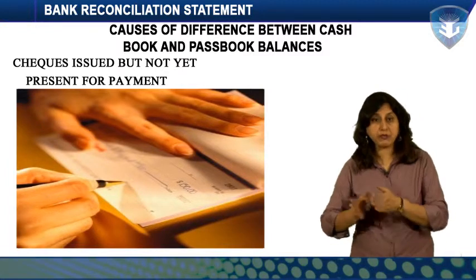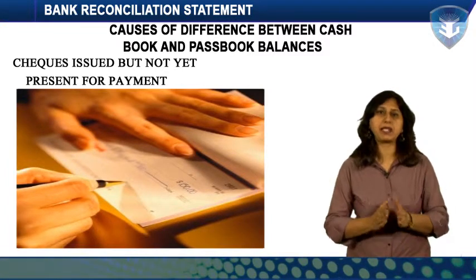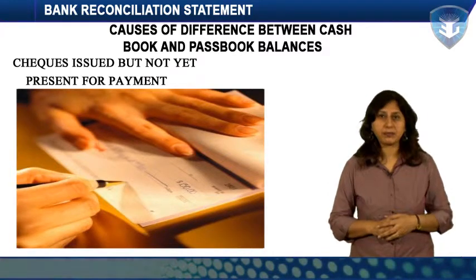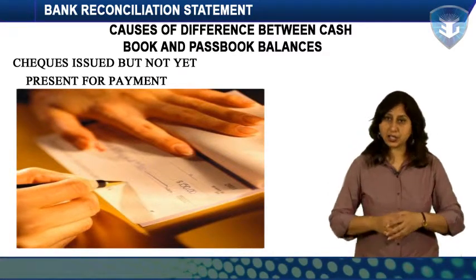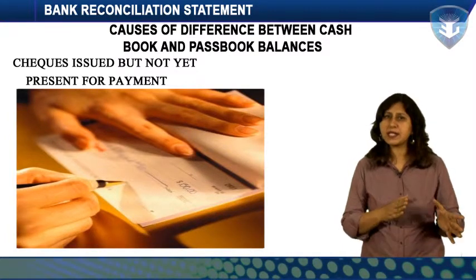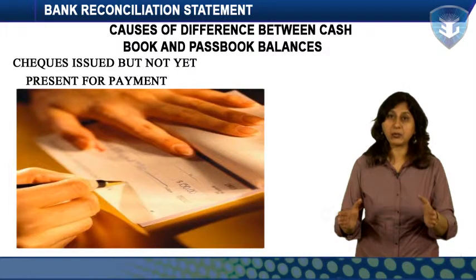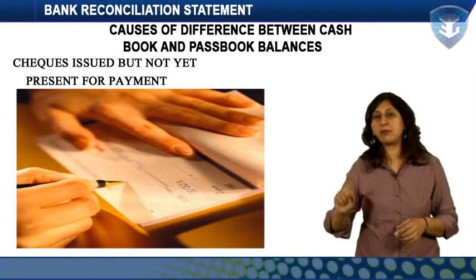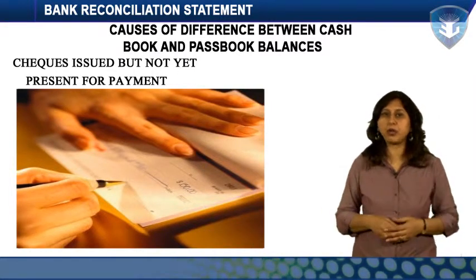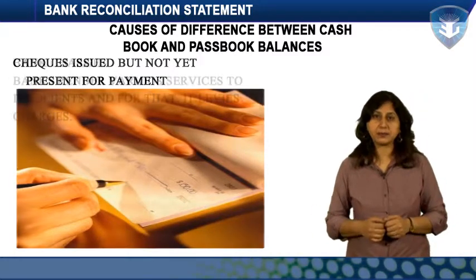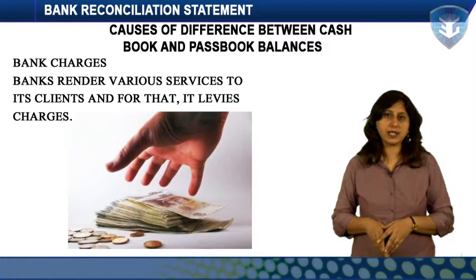However, in the books of bank, entry for payment can be made only when check is presented for payment. At the time of comparison, it is quite possible to find out some cases where checks were issued and recorded in the cash book but not presented for payment and remained unrecorded in the bank books and therefore causing a difference. Bank charges.